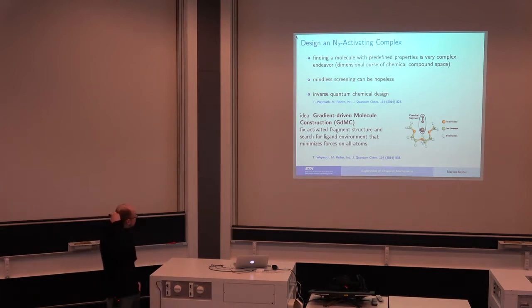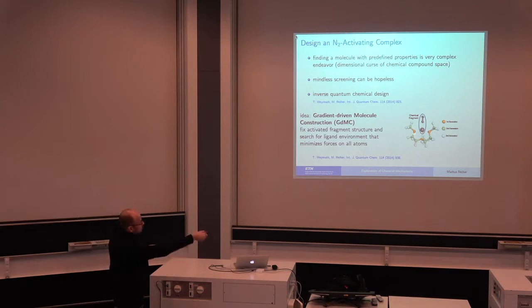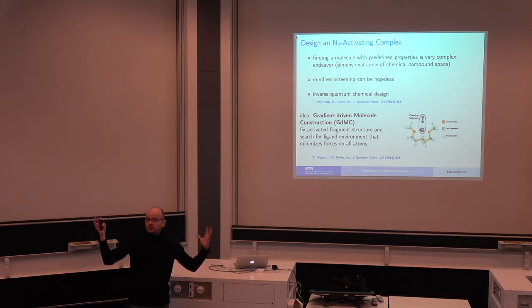To give you an example, say you start from a chemical fragment, and we call this gradient-driven molecule construction. Where we start from a fragment, say this is a metal atom, and it can be a metal of your choice. Could be molybdenum, for instance. There's a dinitrogen ligand. And you could ask, well, let me bind dinitrogen to this atom. So what kind of environment do I need in order to make this a stable subsystem in my huge molecule?